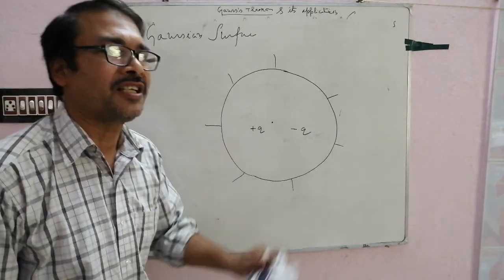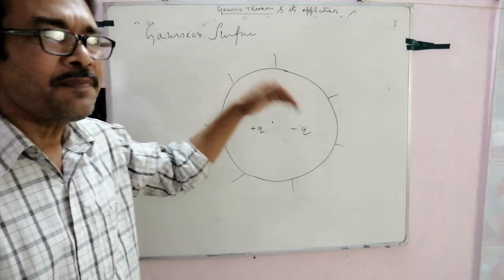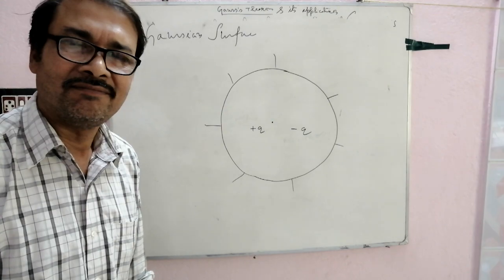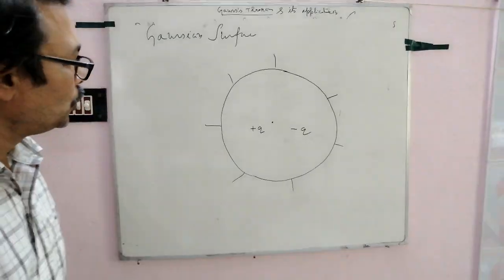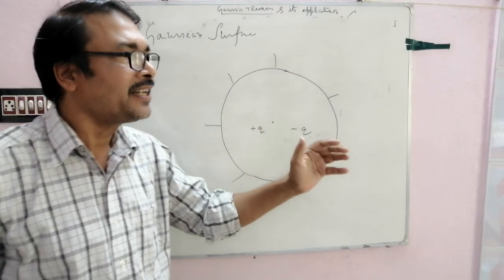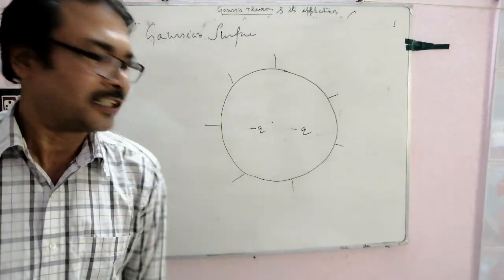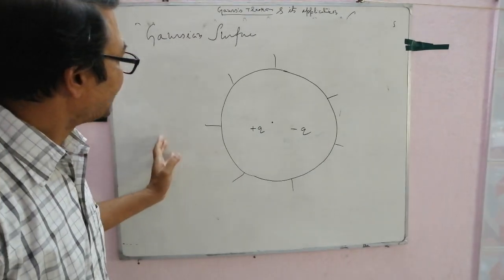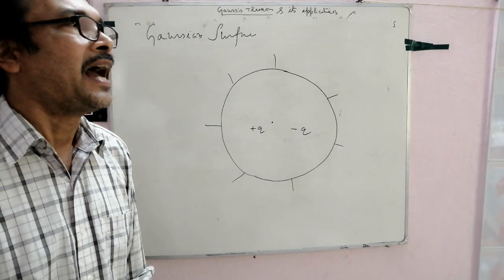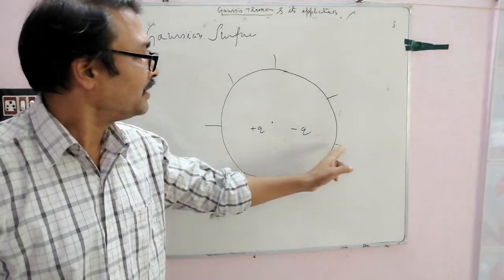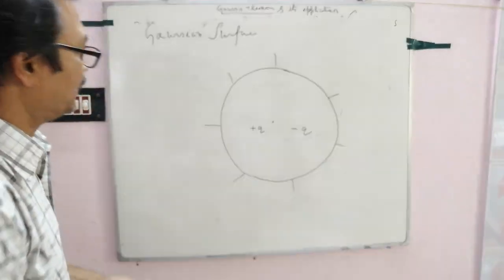Clear? This is the Gaussian surface. At every point the magnitude of the electric field will be the same, of course with different direction, and the flux will be normal.